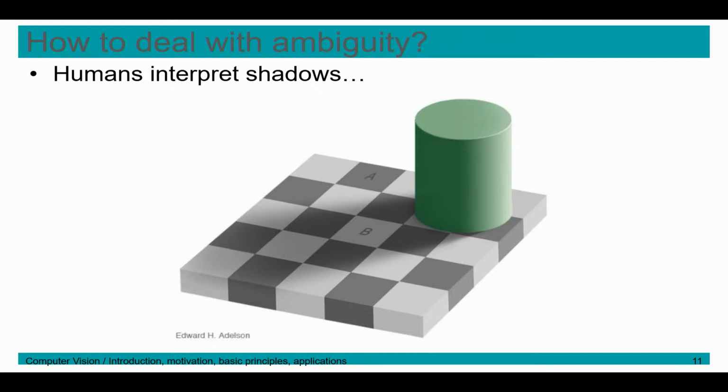So for example, here, we understand that there is a shadow, and if this was a 3D scene, there would be a light on the right side. And again, our brain automatically tells us, okay, this square A is darker than square B. It's how we interpret the image. But if you look at the pixels and their colors, they're exactly the same color in this image.